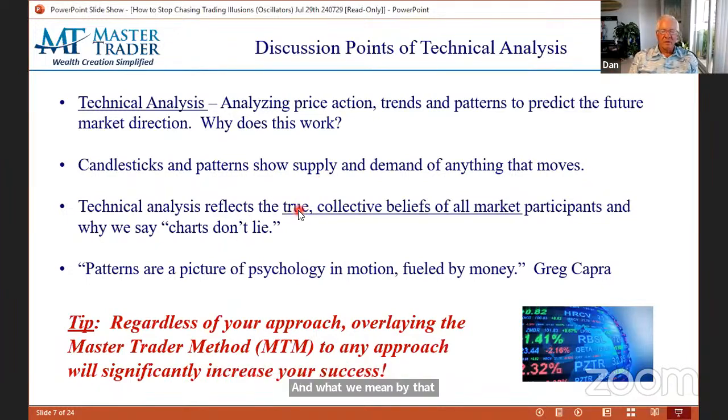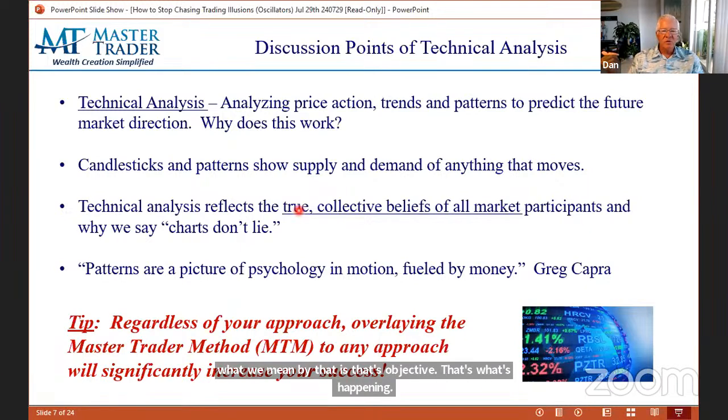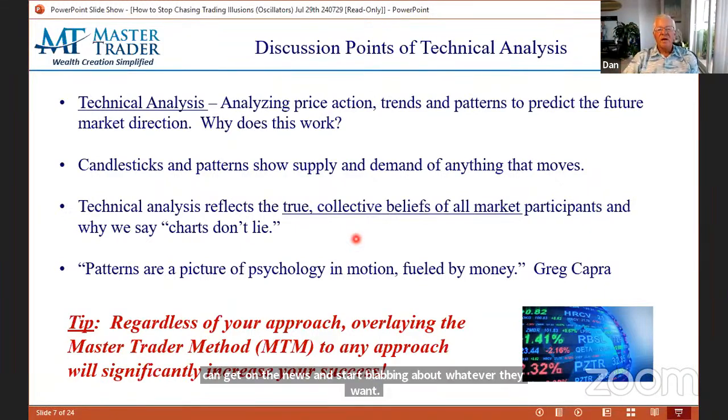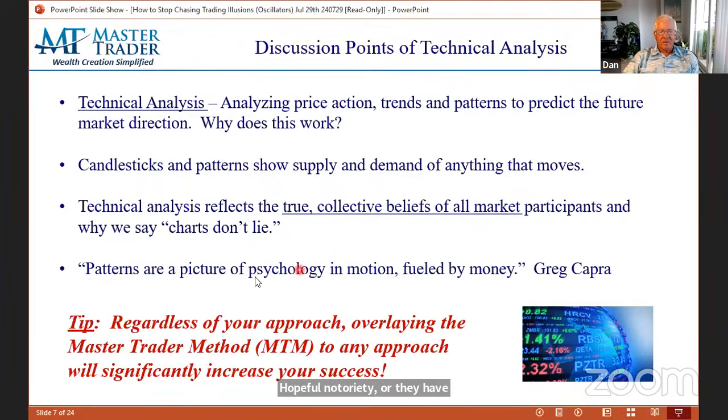That's what's happening. People can get on the news and start blabbing about whatever they want because they're either wanting notoriety or they have self-interest. This is Greg's quote I grabbed many years ago: patterns are a picture of psychology in motion, fueled by money. Just a different way of saying this third one.